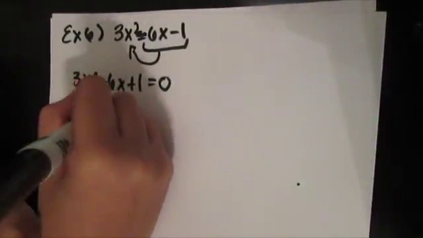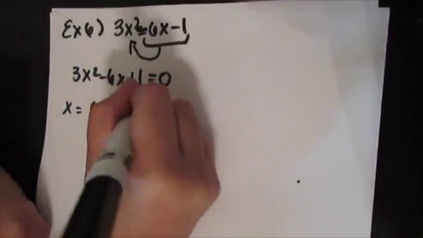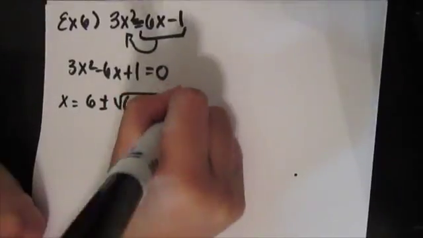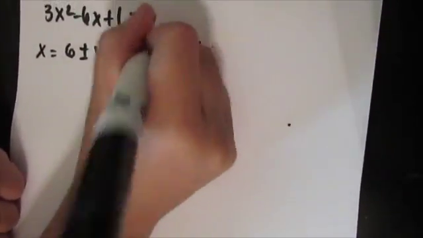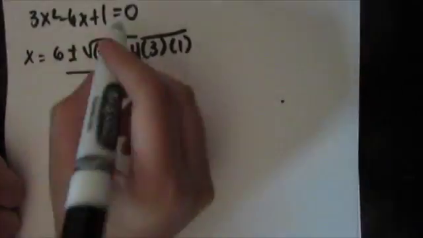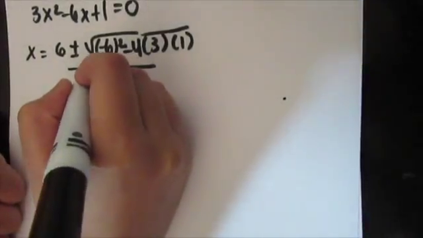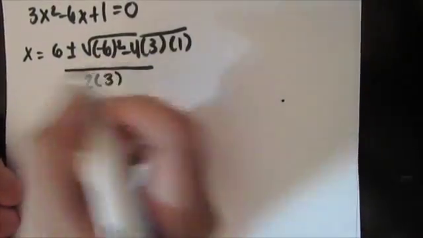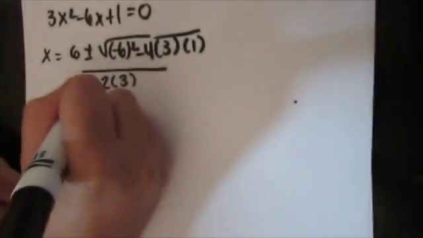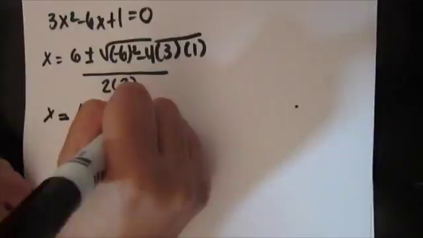So then 6 plus minus the square root of negative 6 squared minus 4 times 3 times 1, over 2 times 3.